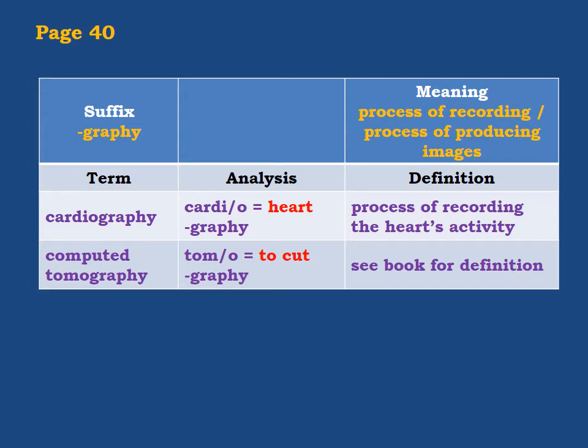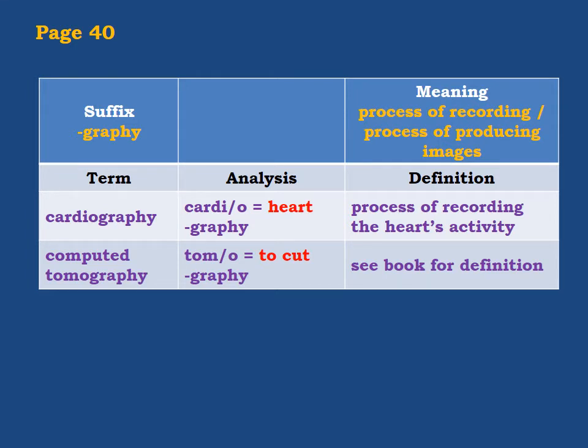So it is easy to know the meaning, and it is related to computer because this is computed. And in pronunciation, actually, I couldn't find the two words together, but what is important is the second one. So computed tomography, tom means to cut, and graphy means the process of recording.